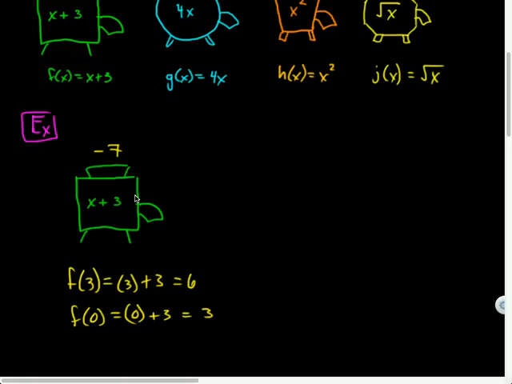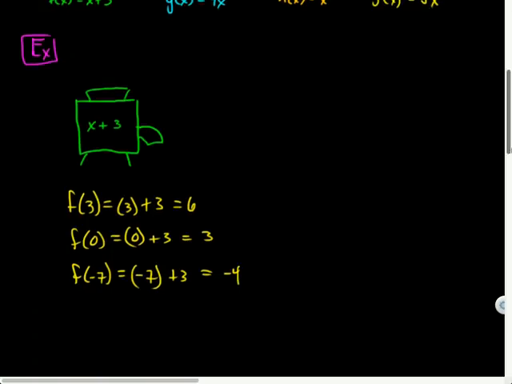What happens if I plug -7 into the machine? -7 plus 3 is -4. As long as we're okay with negative numbers, that seems to exist. So f of -7 is equal to -7 plus 3, which is -4.